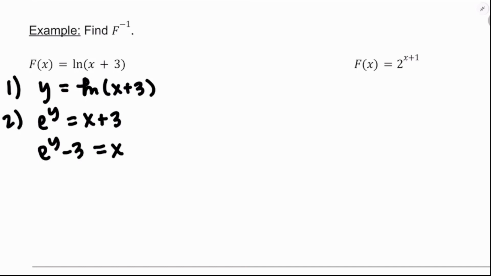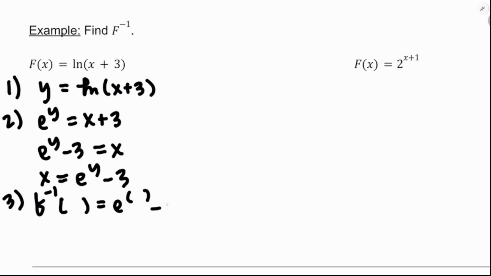And this might seem kind of trivial to you, but I'm going to rewrite this as x equals e to the y minus 3, because step 3 is x equals f inverse of y. I'm writing it with parentheses to make a point here that the y is just the input variable, as we see it as a reverse mapping.